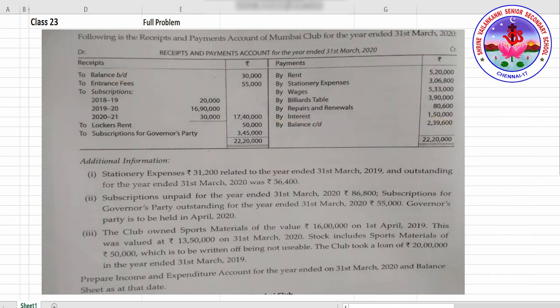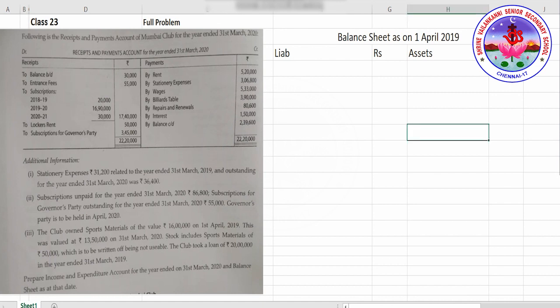So I have prepared this format of balance sheet as on 1st April 2019. We have the balance as here. Cash: we have the cash balance, which is the balance brought down, 30,000. So I'm going to write 30,000 here.